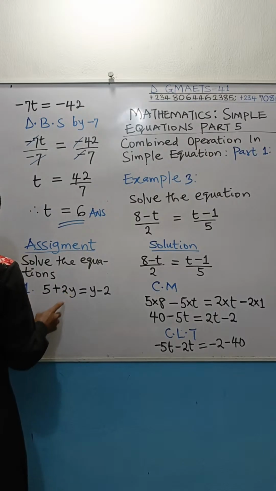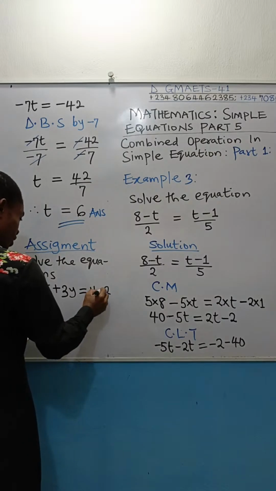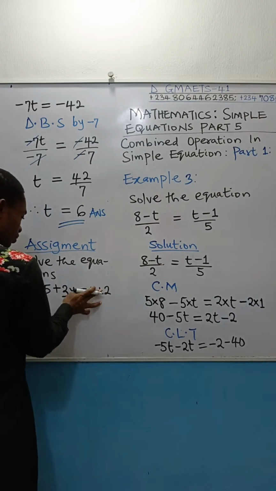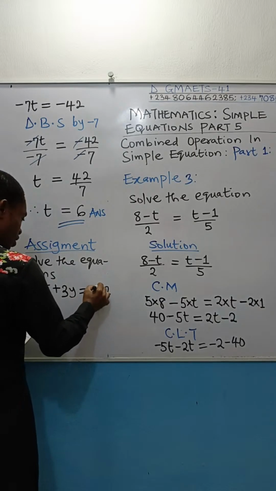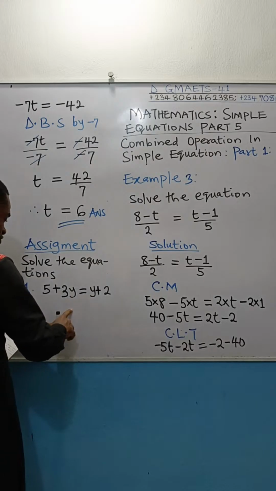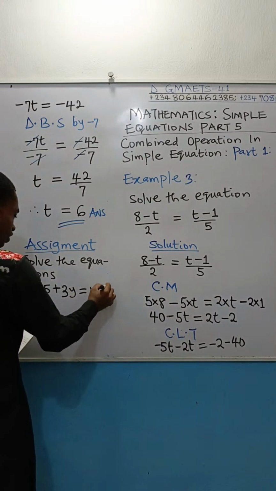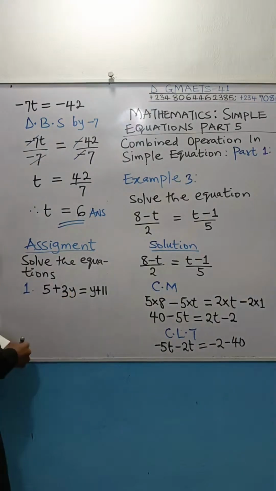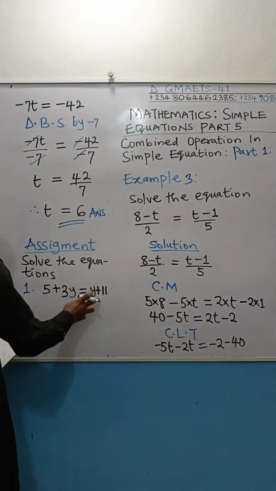Please, this is actually 3y, and permit me to adjust the question a bit. I think this is plus, and this is 11. Okay, good. 5 plus 3y equal to y plus 11. So you have to solve this equation.